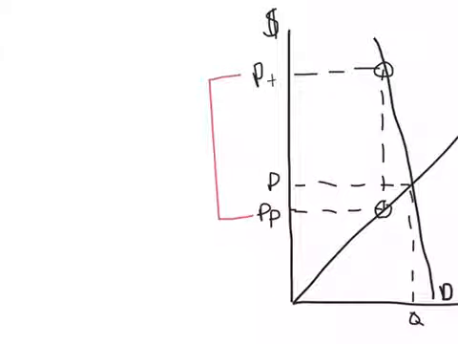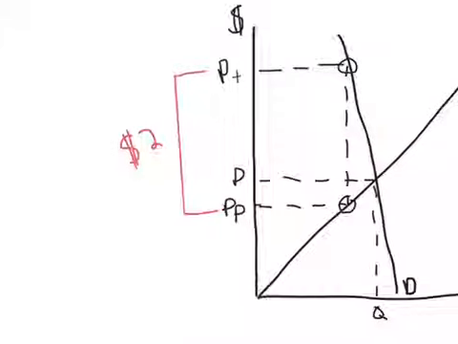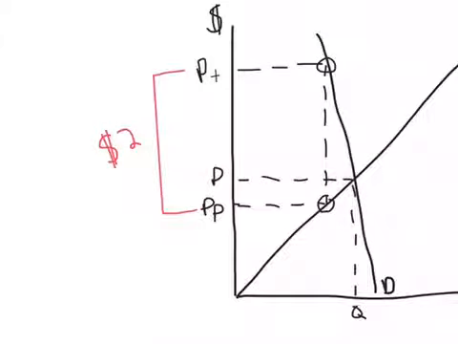So let's say this is $2. But the way this is split, let's say $1.75 of the burden is being paid by the consumer, and only 25 cents is being paid by the producer because of the inelasticity of the demand curve.